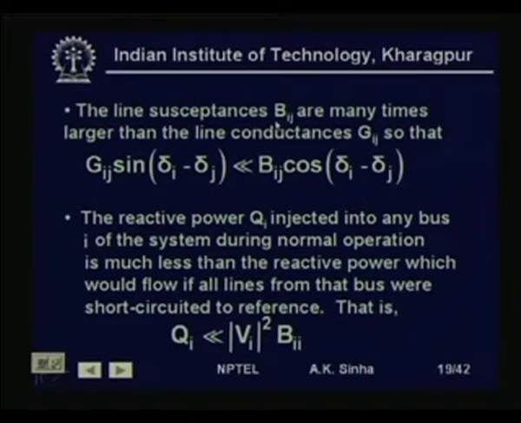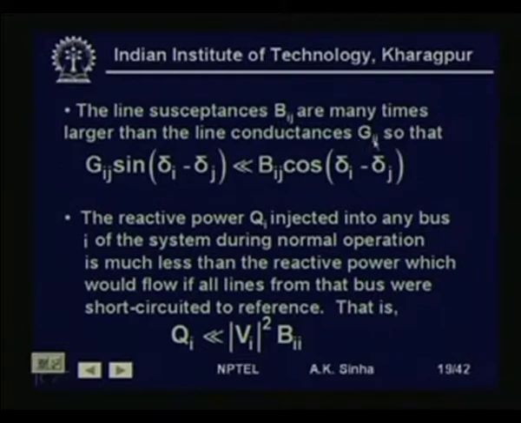Also, the line susceptance B ij is many times larger than the line conductance G ij. That is true because we know that the inductance of the transmission line is much larger than the resistance, and therefore B ij is much larger than G ij. Therefore, G ij sin(delta i minus delta j) is much smaller than B ij cos(delta i minus delta j), because the cosine term will be very near to 1.